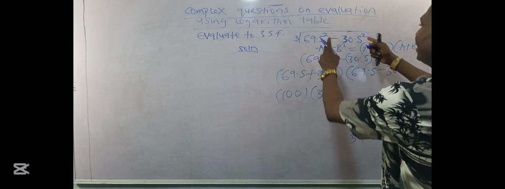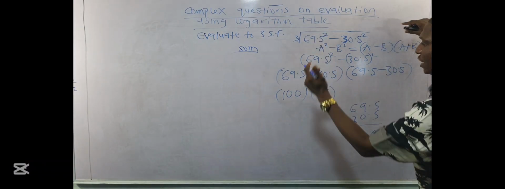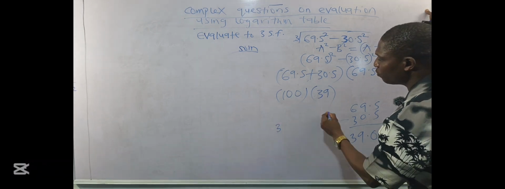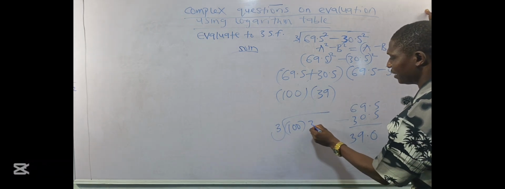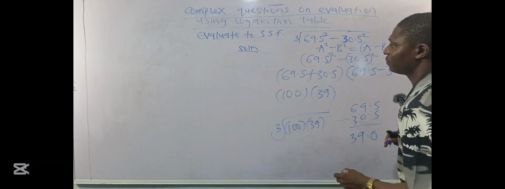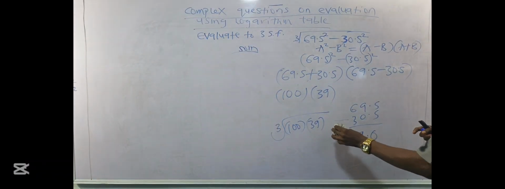So this expression given here is the same as saying the cube root of 100 in brackets 39. So take note of that difference of two squares we did. I have to clean it to get more space.